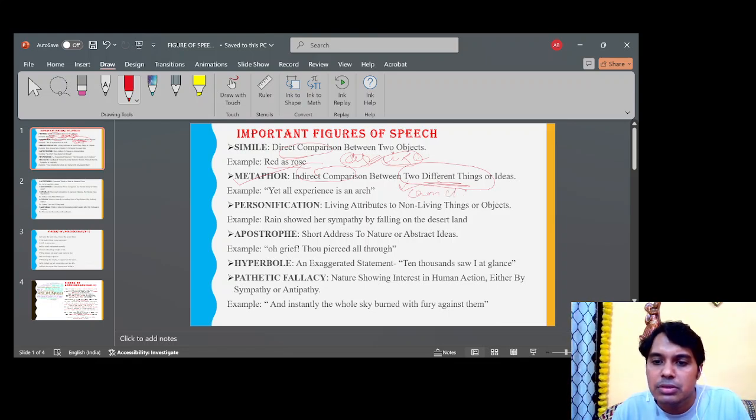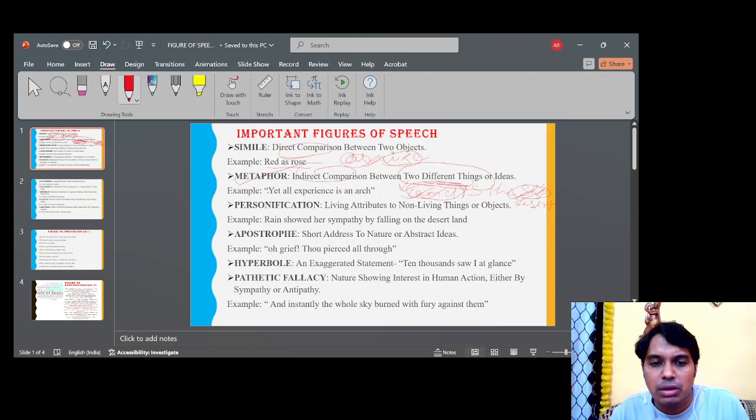Camel is the sheep of desert. So here sheep is being compared with camel. Now between camel and sheep there is no direct relation or association.